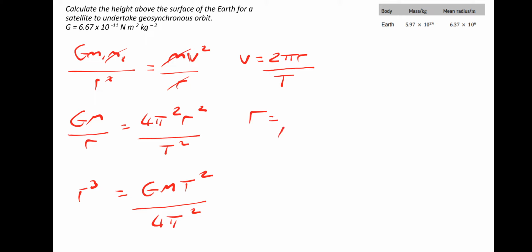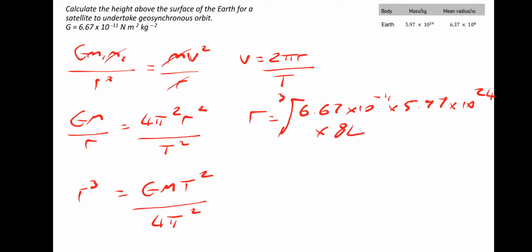So r is the cube root of G, 6.67 times 10 to the minus 11, multiplied by the mass, which is 5.97 times 10 to the 24 kilos, multiplied by T squared. The time period is 24 hours. If we multiply that by 60 seconds and 60 minutes, we get 86,400 seconds.